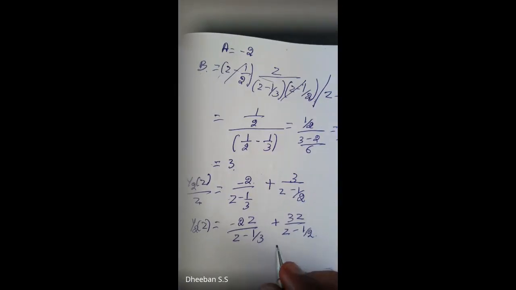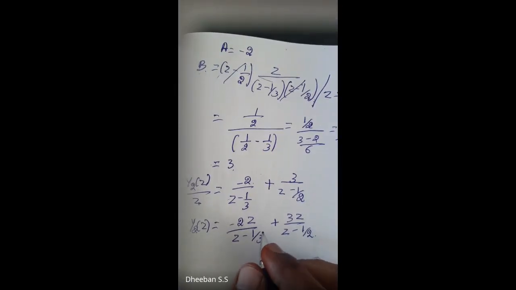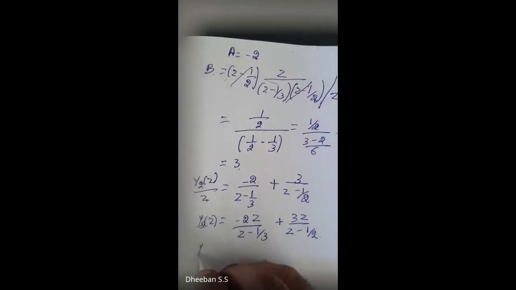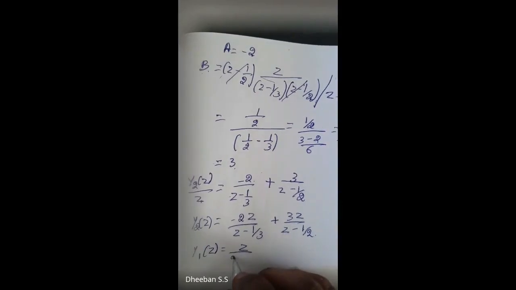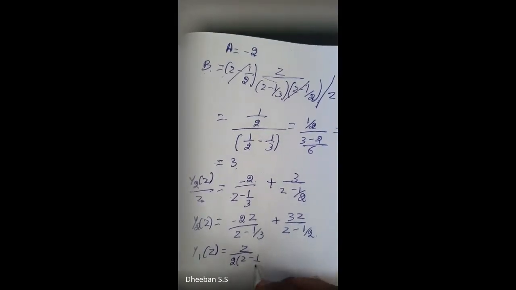So this is your Y2(z), and your Y1(z) is z by 2(z minus 1/2).